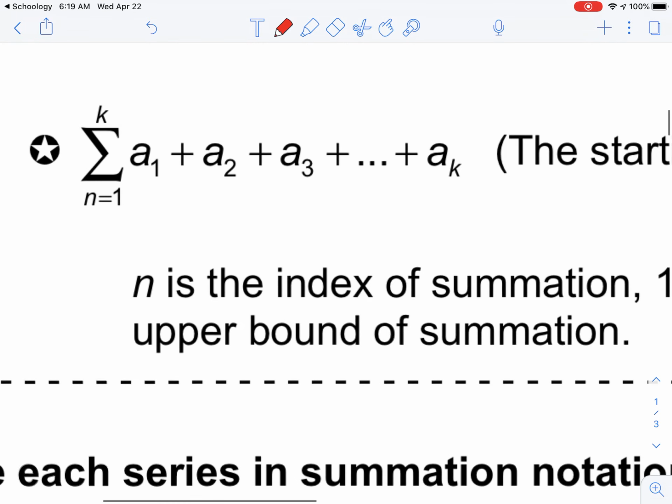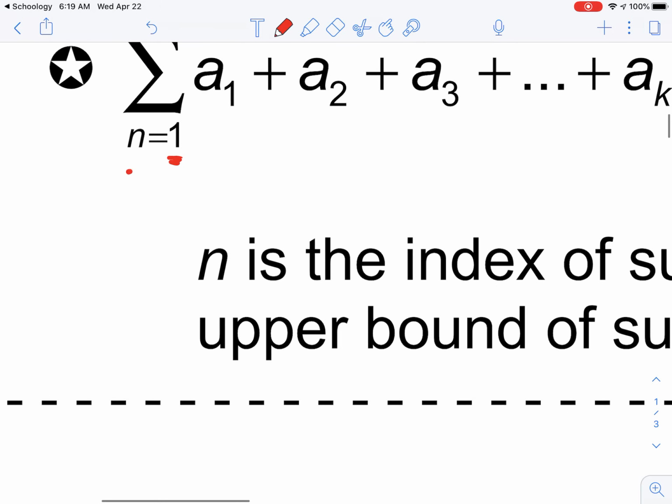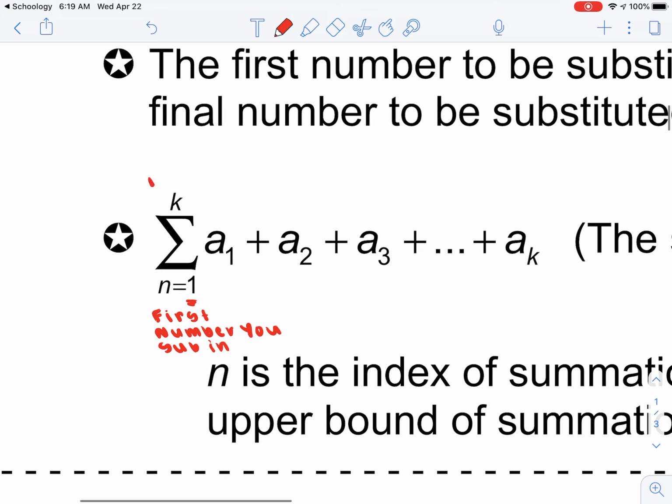So you'll see in this example, I would sub in a 1 first, and you keep subbing in numbers until you get to the top number. You sub in the top number as well, but that's the final number you sub in. So this is the first number you sub in, and the top number is the last that you sub in.